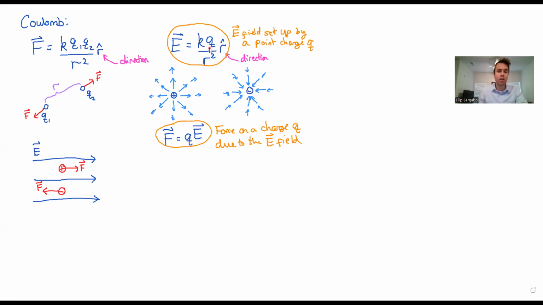You might have one charge that is setting up the field that you're interested in, and then another different charge Q that's feeling the effect of that field. So don't be thrown by the fact that I've written both of them just as Q. I'm just writing this so that generally you have a formula for whatever the Q might be in your situation, whether it is setting up the field or whether it's responding to the field. So I hope that made sense.